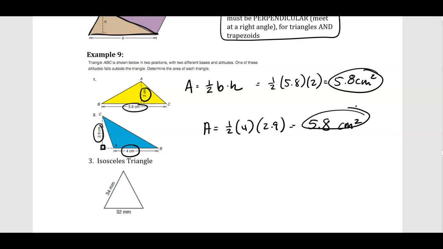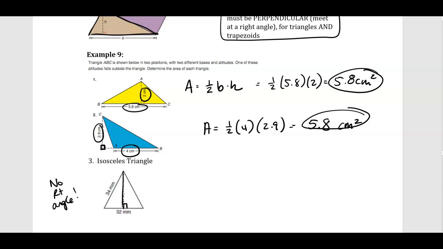Okay, and then last but not least, we've got the isosceles triangle, and this one's a little bit harder. It's harder because notice there's no right angle. You've got to figure out what the height is because you're not given the height. So what I would do is draw a height in and make a right angle.